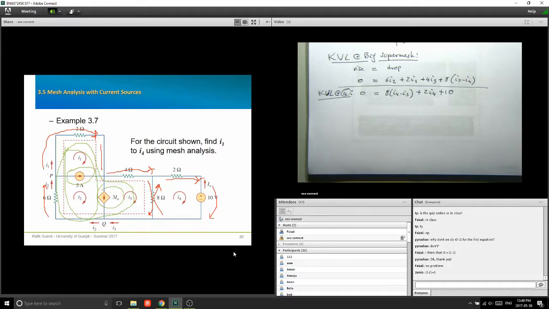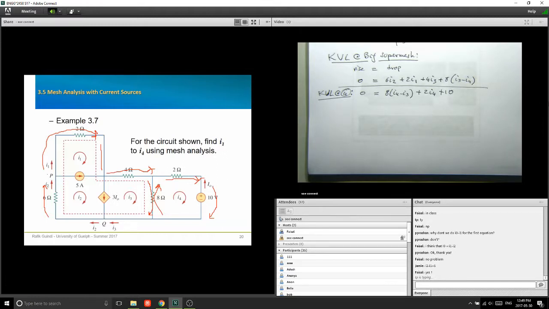So here we have two current sources. The first one is your 5 amps. What can you write with this 5 amps? Let me just clean this up a little bit. Okay, look at your 5 amps.